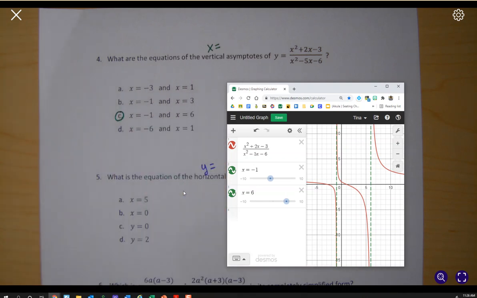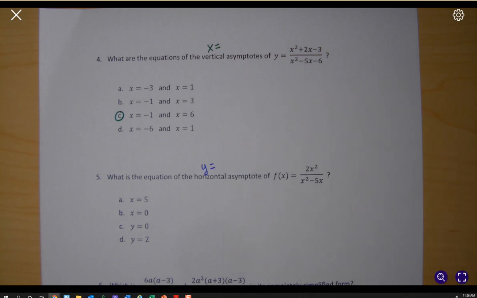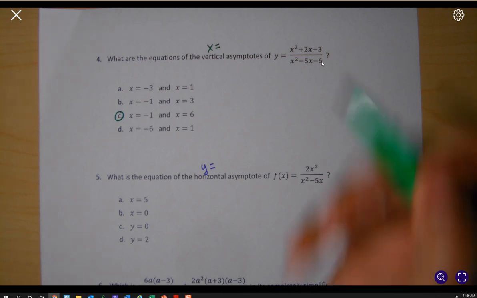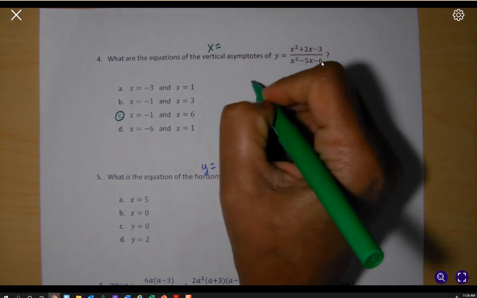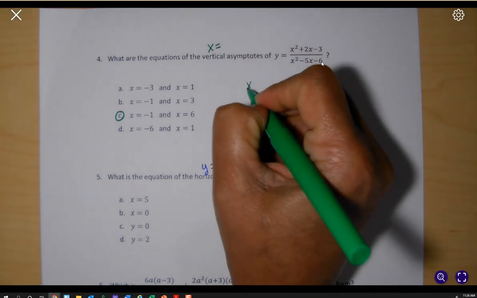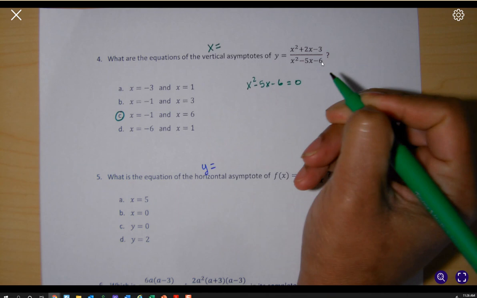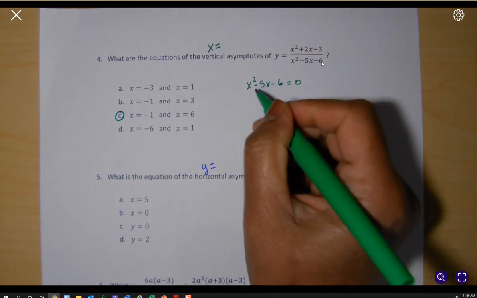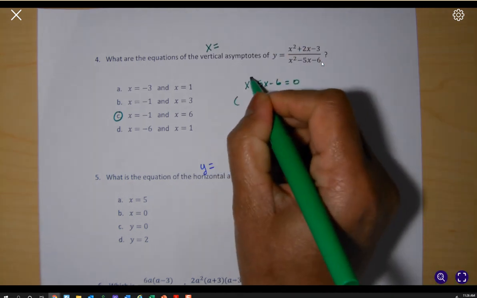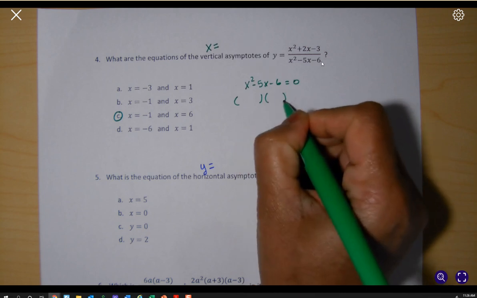And then, if you want to do this by hand, you have to set the denominator equal to 0. So you're going to set x squared minus 5x minus 6 equal to 0, and then you're going to solve. Since it's a quadratic, you can solve it by factoring.